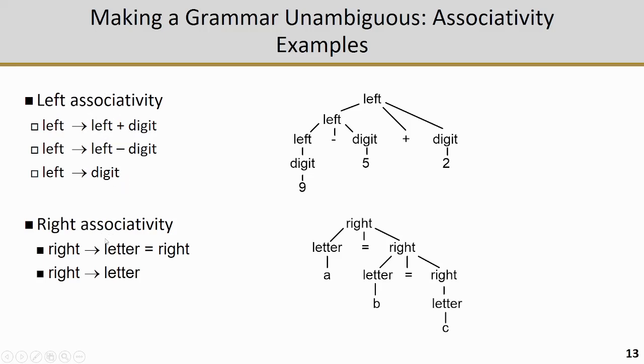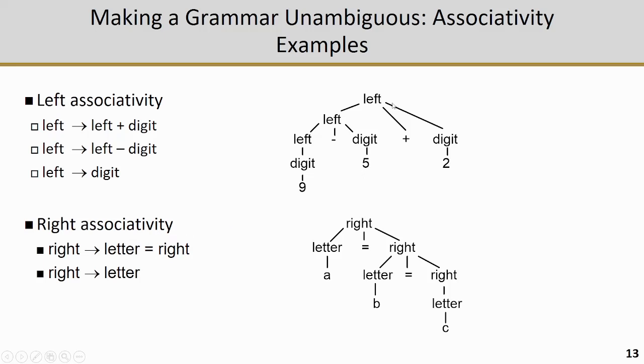In the case of right associativity, like the assignment operator, we get right recursive grammar rules. It is recursive because we have the same symbol on the left-hand side and right-hand side, and this symbol is applied at the rightmost end of the right-hand side.